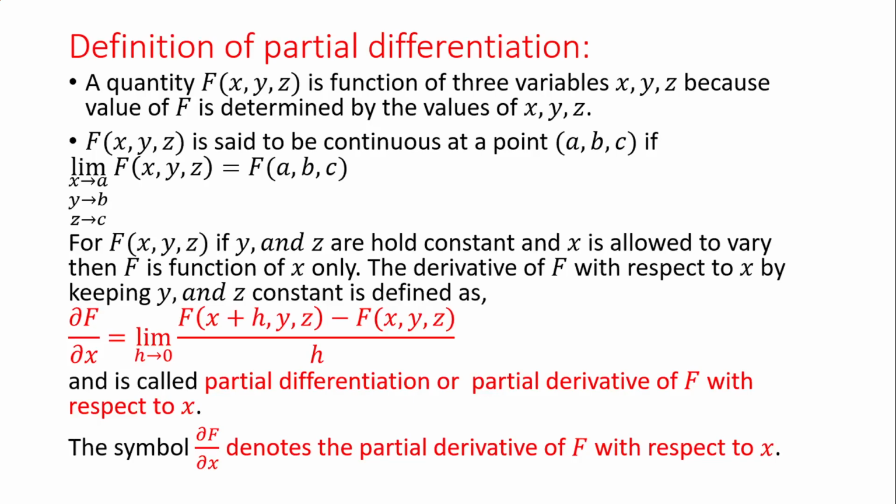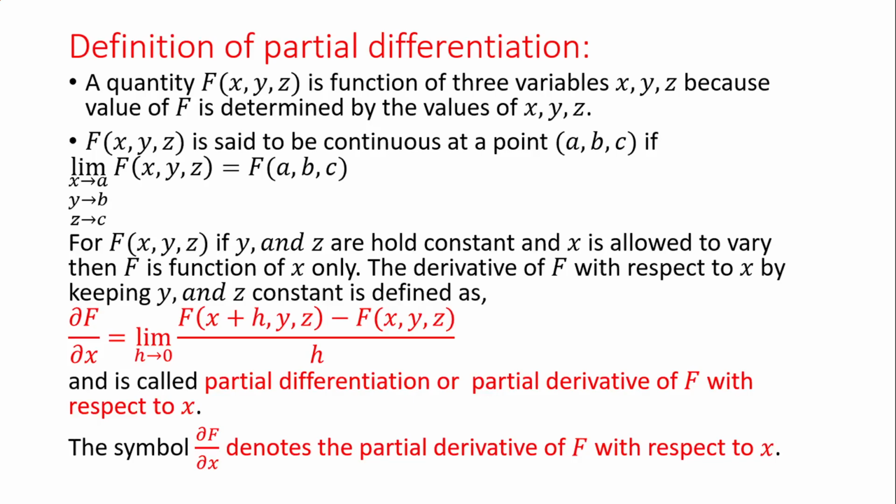So here it is symbolized as dou f by dou x, not df by dx. It is dou f by dou x, partial differentiation of f with respect to x. This dou f by dou x denotes thus a partial derivative or partial differentiation of f with respect to x.